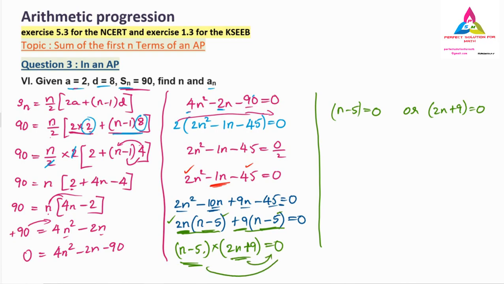These are the two things, remember. So when you are shifting this minus 5 to the other side, it is simple now, it will become plus. So n value may be plus 5. Or now 2n, that plus 9 you have to shift to the other side, it will become minus 9, because 0 minus 9 is minus 9 only.